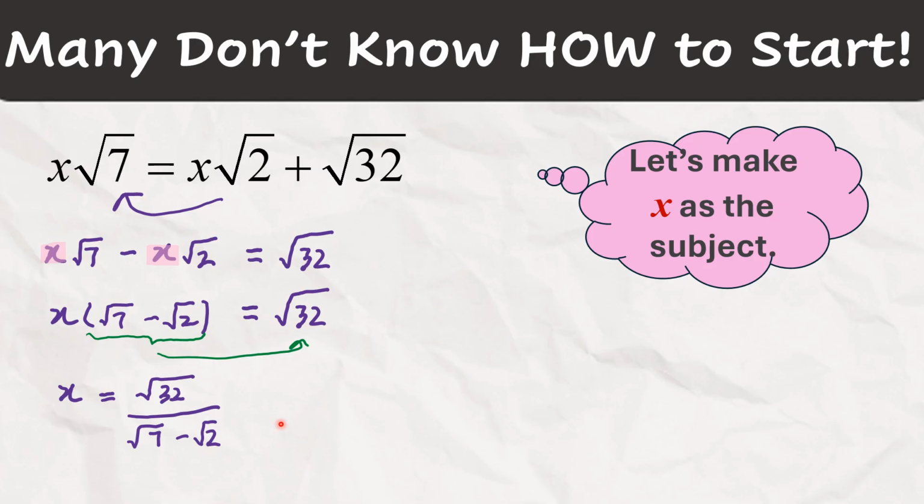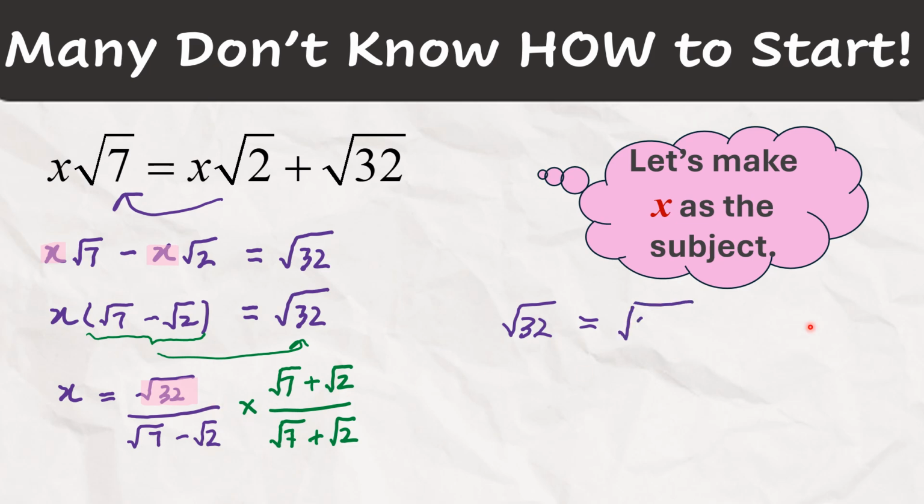So I will definitely need to rationalize the denominator. In order to do so, I will also need to know how to simplify surd. If you look at square root of 32, we must be able to simplify this, and this will give me 4 root 2.